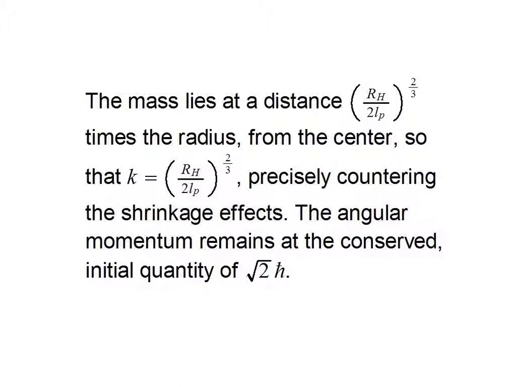The mass lies at a distance of (r_h / 2l_p)^(2/3) times the radius from the center, so that the k value is equal to (r_h / 2l_p)^(2/3), precisely countering the shrinkage effects. The angular momentum remains at the conserved initial quantity of the square root of 2 times h bar during particle formation.